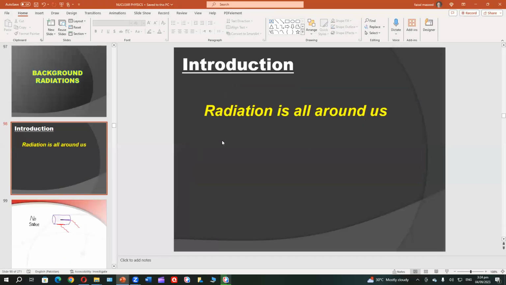So give a heading, background radiation, then give a side heading, introduction, and write under it: radiation is all around us.